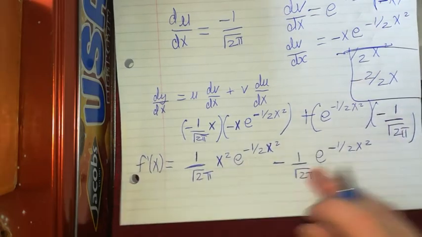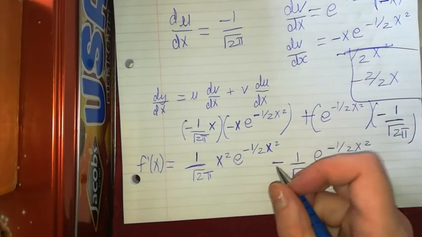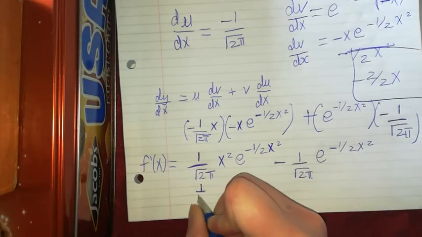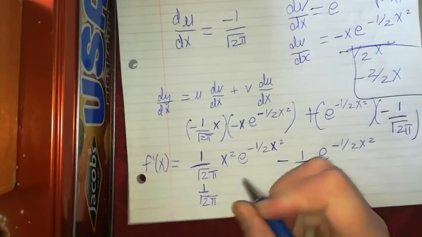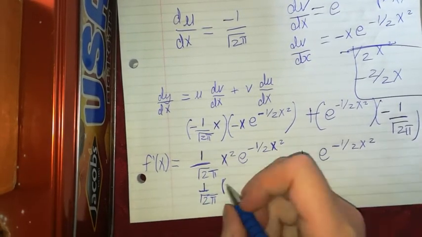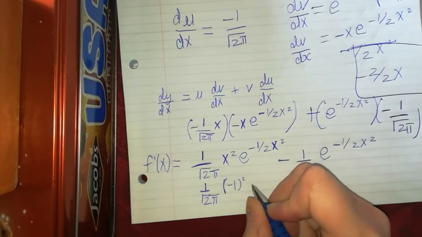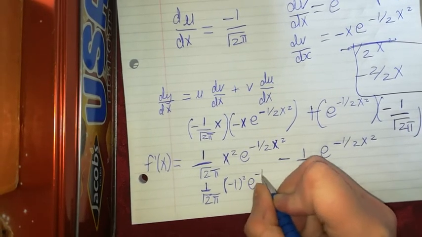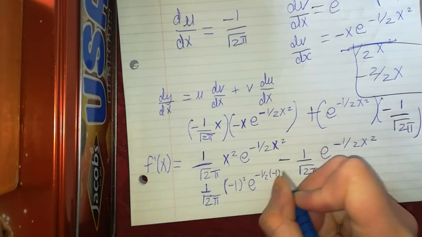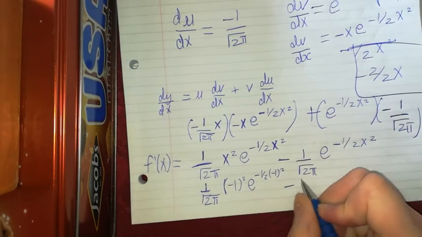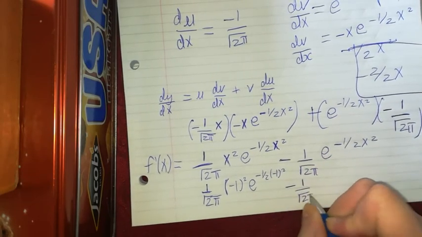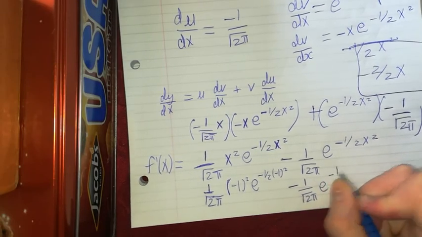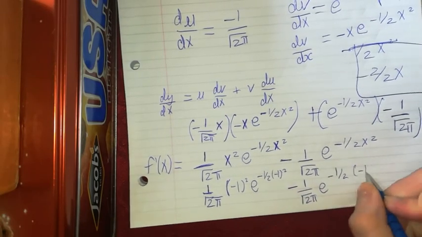So I have to sub in minus 1 for x and show that that's 0. So I get 1 over root 2 pi, minus 1 squared, then e to the power of minus a half, minus 1 squared, and then minus 1 over root 2 pi, e to the power of minus a half, and then minus 1 squared.